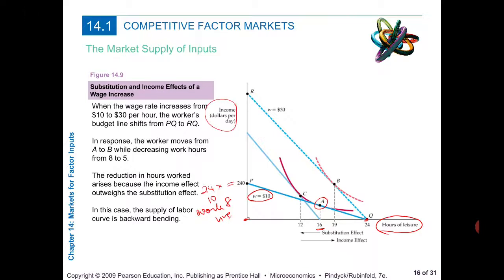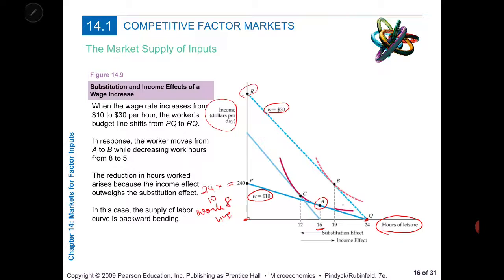All right. Now let's say the wage increases to 30. The maximum, if you spend 24 hours working, you will get 720, hypothetically. But let's look at the substitution effect.